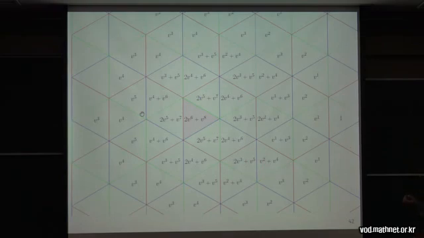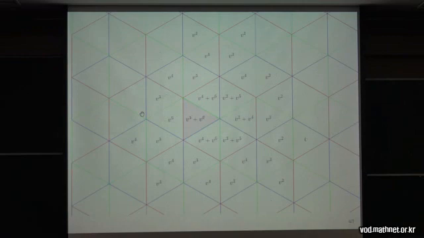This Kazhdan-Lusztig conjecture was made based on a single piece of knowledge in one case where one of these multiplicities was not 1. So in SL2 we saw that the multiplicities are always 1, and then people calculated some example in SL4 where there are many examples where all the multiplicities are 1, but there's one example where they're 2, and people were very surprised by this.